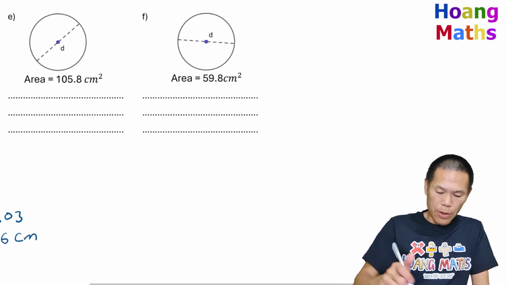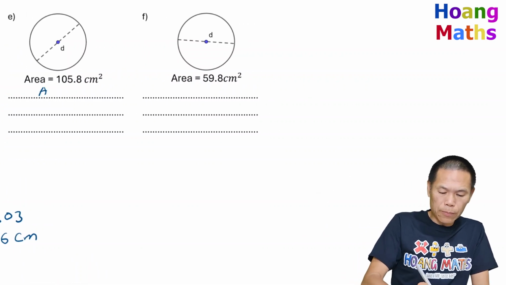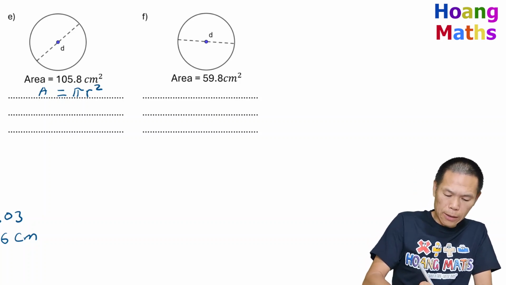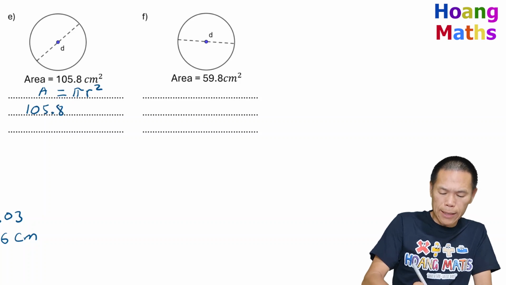Part E. So area is pi r squared. And the area is 105.8, equal to pi times the radius squared. And what I do, I get rid of this pi, divide by pi, divide by pi. That cancels out.